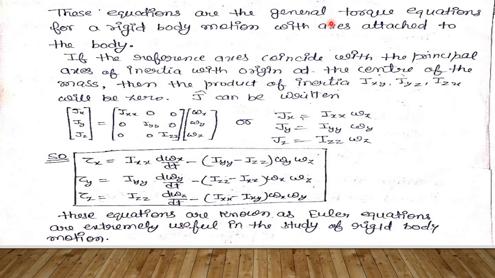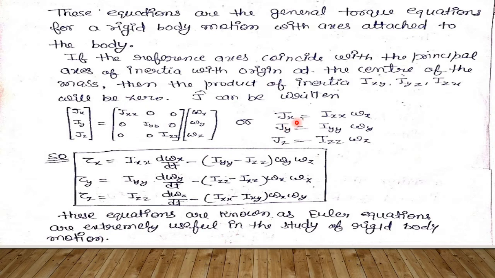These equations are the general torque equations for rigid body motion with axes attached to the body. If the reference axes coincide with the principal axes of inertia with origin at the center of mass, then the products of inertia Ixy, Iyz, Izx will be 0, which means all components other than Ixx, Iyy, Izz will be 0.